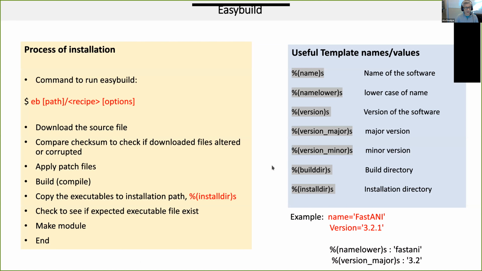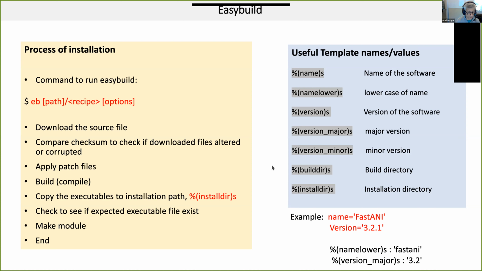Okay, what is the process of installing using EasyBuild? EasyBuild command is eb, and then the path to the recipe. That's the only thing you have to write in your Linux command line. What does EasyBuild do?